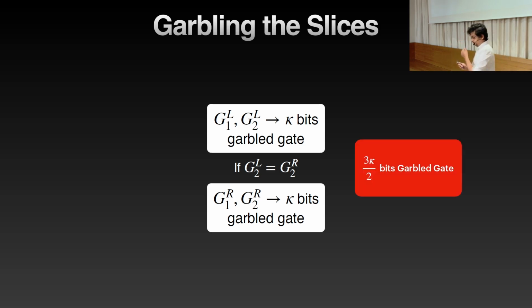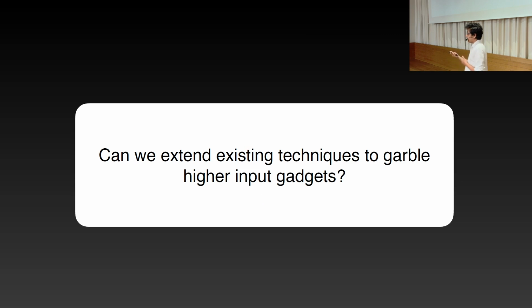Right. So the idea here is now, can we use all these techniques to extend and see if we can garble higher input gadgets? If so, are there any in the first place that we can use these techniques for? So we actually answer this question in the negative.